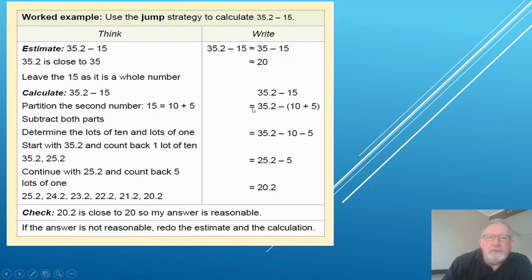Whereas down here it's exactly equal, so it's a calculation here, an estimation or an approximation. So we ended up with the approximation of 20. When we calculate again, we partition 15 into 10 and 5, take away the 10, and then take away a further 5, and we end up with 20 and 2 tenths. Close to our estimate, a reasonable answer.